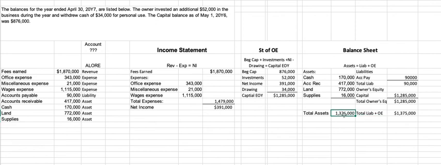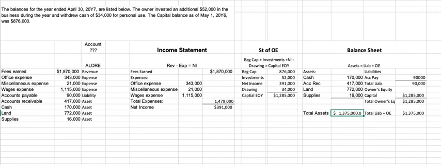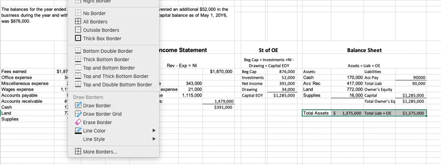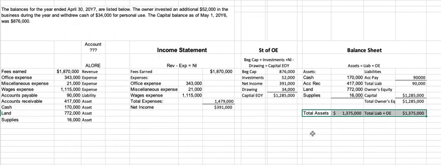Now, the next thing I'm going to do is I'm going to put dollar signs on both of the totals. So they both have totals. And then we want to look to see, do these equal? Because the balance sheet is correct if these two numbers equal. If they do equal, then we use the double underline at the bottom.